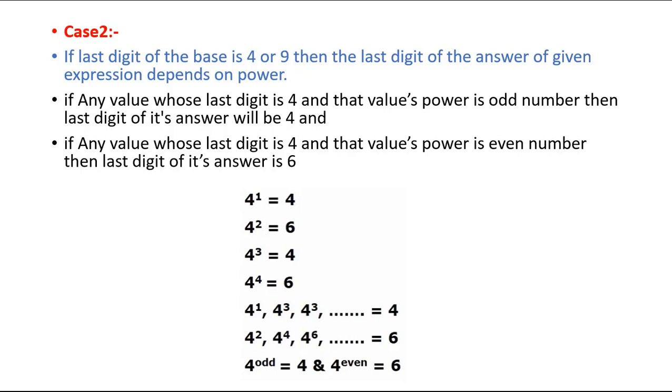If the last digit of the base is 4 and its power is an odd number, then that value's answer will be 4. If the last digit of the base is 4 and that value's power is an even number, then the answer's last digit will be 6.